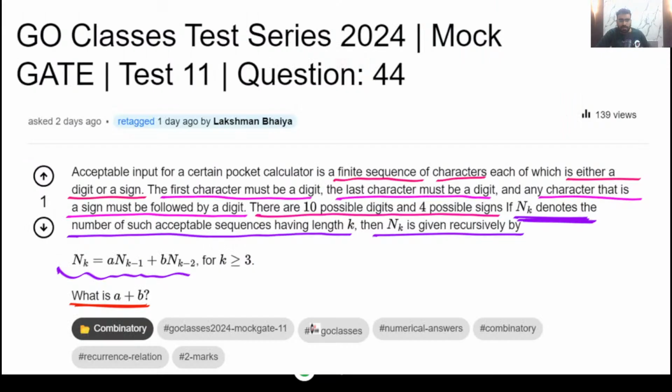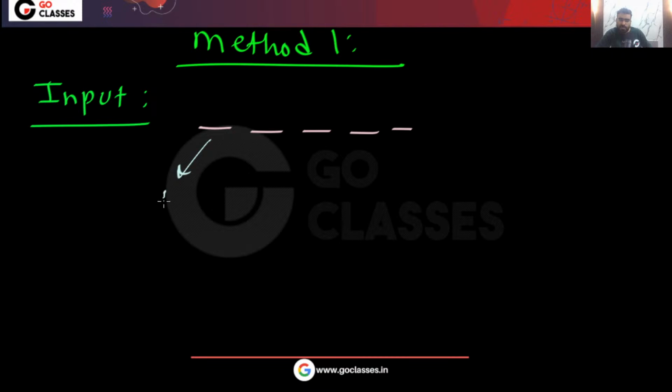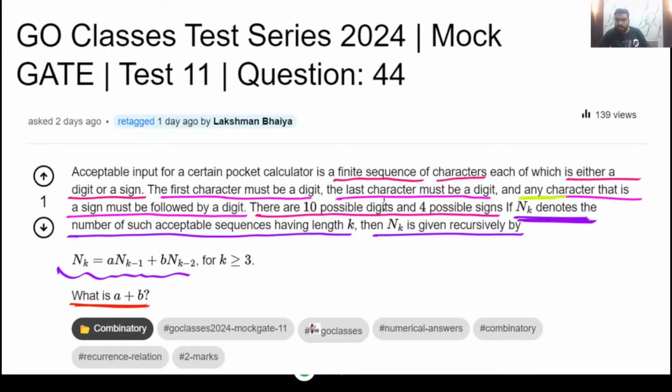Basically, look at this question. What is an acceptable input? Acceptable input is a finite sequence of characters where the first character must be a digit and the last character must be a digit.